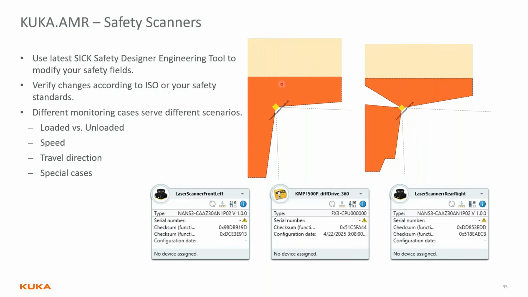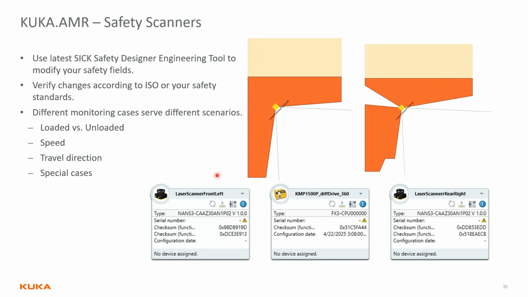These scanners are SIG scanners, so we want to use the Safety Designer engineering tool to configure them. When you touch these fields, you want to make sure they meet your requirements. We recommend that you follow the ISO requirements. We follow the ISO standards, but you're allowed to change them however you want.